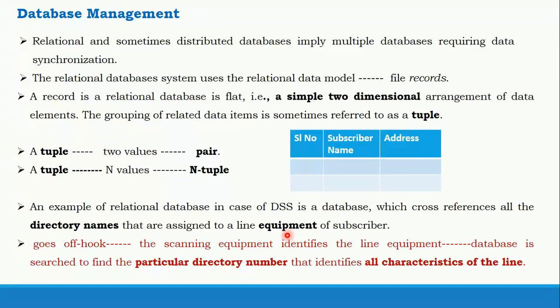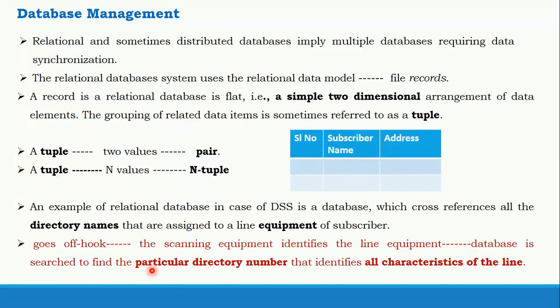I hope you remember distribution frames, where we have directory numbers mapped to line equipment numbers. That means how the subscriber calls their number, and to which line equipment it will be connected in a switching exchange, that type of information will be listed in a table. The same thing is given here: when the calling subscriber lifts the handset and starts dialing the number, that is scanning.